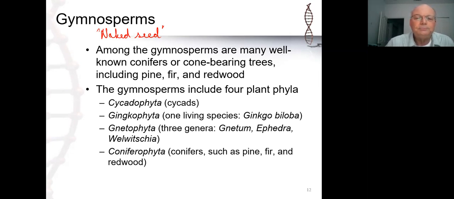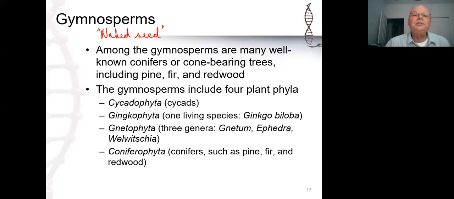Now, in those gymnosperms that have a cone-like structure, which is the conifers and the gnetophytes, the seed has a further layer of protection in that it is usually enclosed within the cone, but the seed has no further covering over it other than the integument itself. So that's why we refer to these as naked seeds. And remember, the ovule is what is going to eventually develop into the seed.